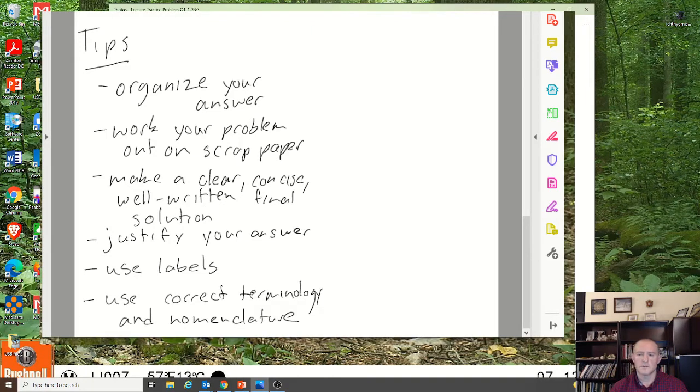So when you're doing a linkage map with Drosophila, you need to use the specific allele designations that are used in Drosophila. And if you're doing a cross of different pea plant varieties, then you need to use the convention for naming alleles in the garden pea. Those are things you need to do to help organize and provide clear answers, to ensure that you're not losing points and that you get full credit on these different problems, whether it's in homework or an exam.